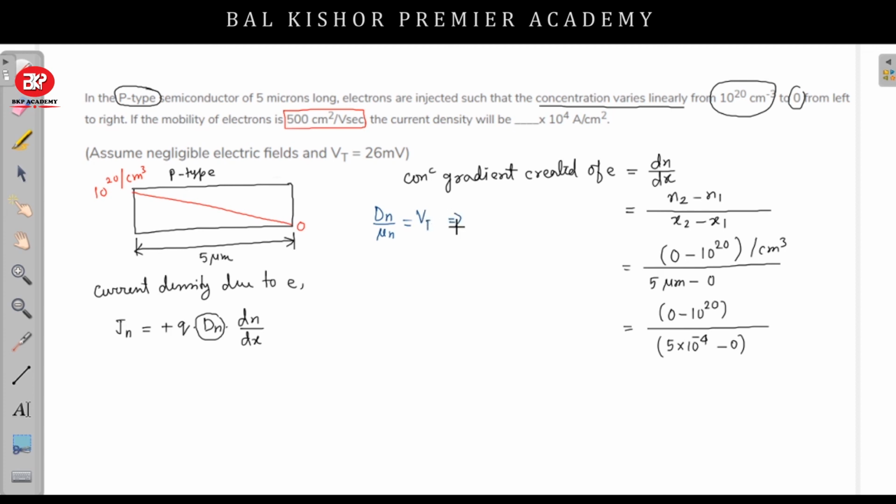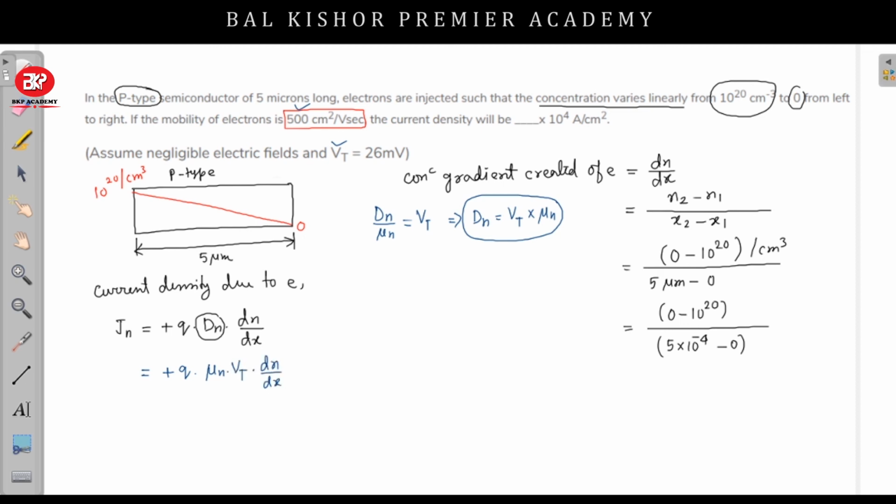So from this equation we can write that the value of Dn will be Vt into mu n. So we'll put the value of Dn as Vt into mu n, and mu n मेरे पास है, Vt मेरे पास है. So ultimately we will get plus q, और यहाँ पे आएगा mu n into Vt into dn by dx.